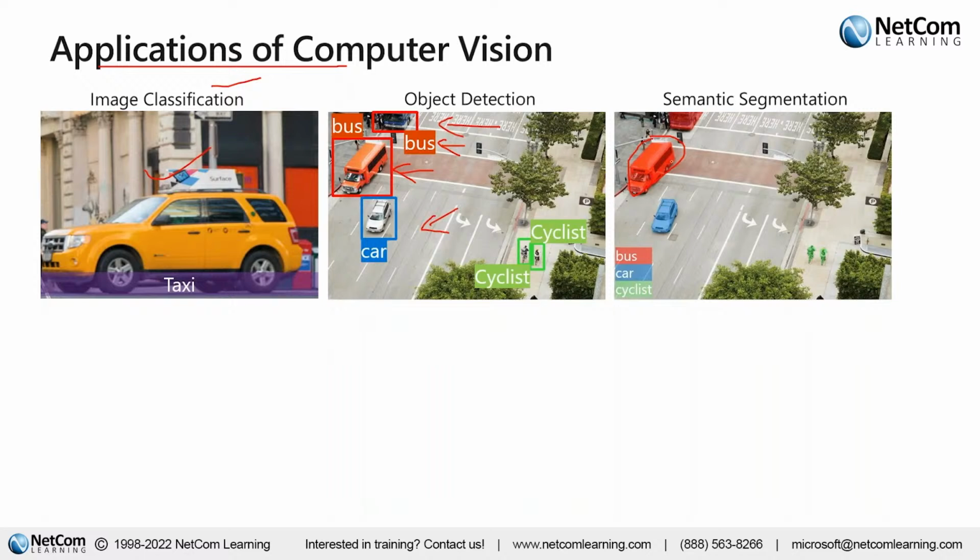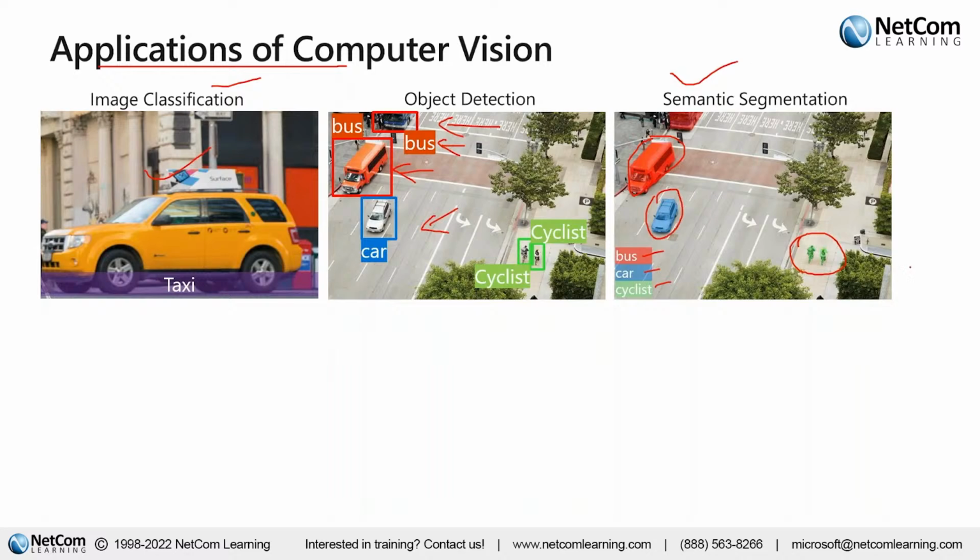Like this red is a bus, this blue is a car, and this green is a cyclist. By looking at the color, you will be able to figure out what they are. This way of detecting objects is called semantic segmentation.